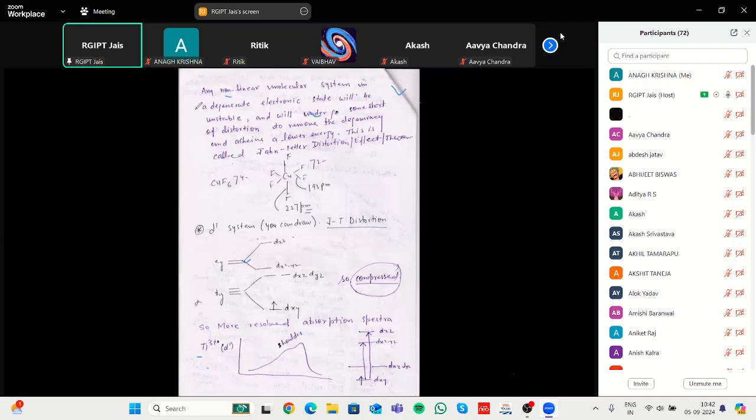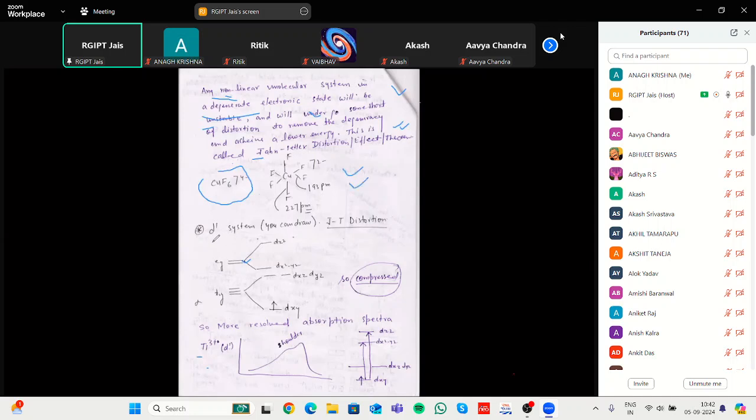Next, any non-linear molecule is stable or unstable depending upon its electronic configuration and the distortion. And if Jahn-Teller distortion is found, that can give stability to the complex, meaning the molecule is more stable as compared to another complex. In case of CuF6 4 minus, it has the Jahn-Teller distortion, meaning it is more stable.